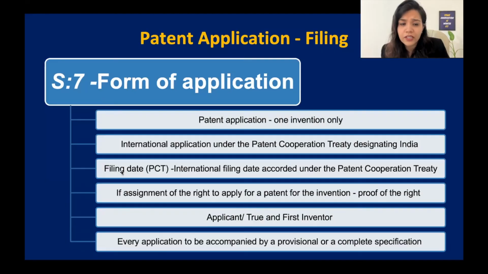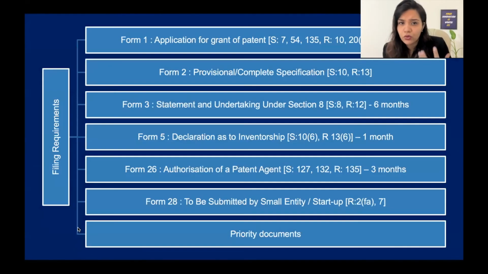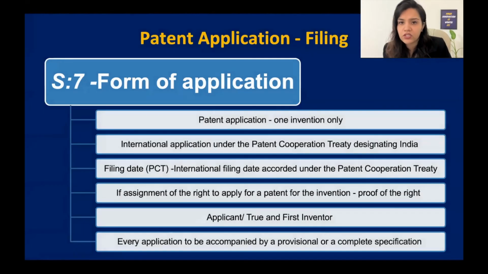I can briefly discuss Section 7 also, or you can go through it. Whenever you go through Form 1, you should study Section 7, which, as I told you, has the requirement of what a patent application is, and it has to relate to one invention only.